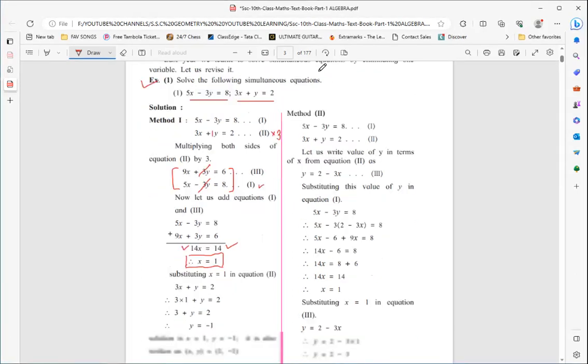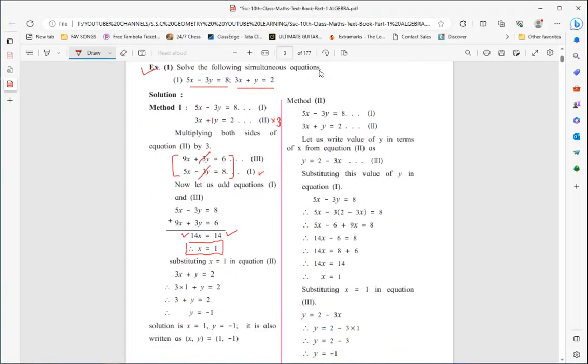Then the second variable you can find by substituting in equation number 2 or equation number 1, anything will do. So suppose you take equation number 2, 3x plus y equal to 2. So with x equal to 1, 3 into 1 plus y equal to 2, 3 plus y equal to 2, y equal to 2 minus 3, which is nothing but minus 1.